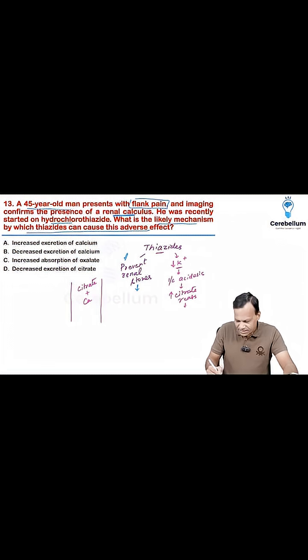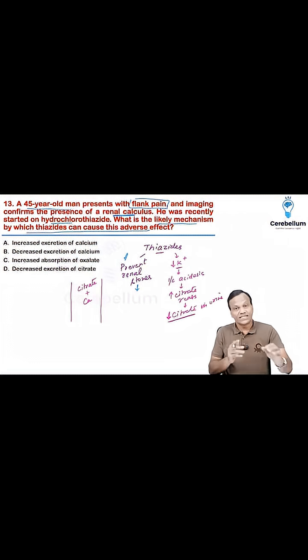That means citrate will be excreted less in the kidney. So when citrate is less in the urine, it will not be able to bind to calcium, and that calcium can cause stones. So any drug which causes hypocitraturia can cause stones, because citrate is not able to bind to calcium, so calcium will be free to cause stones.